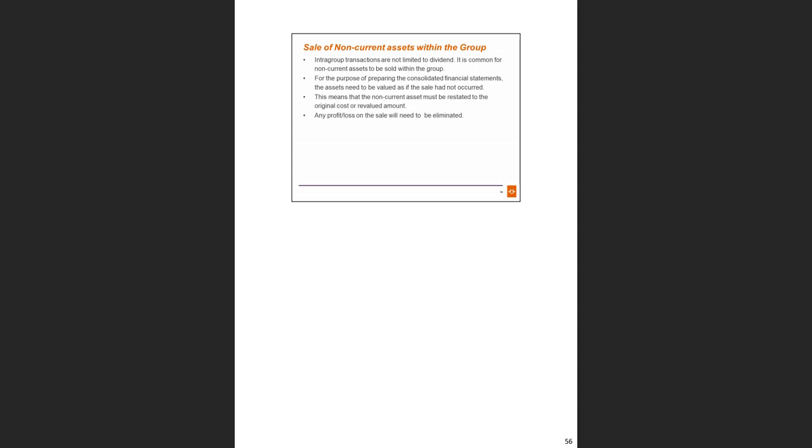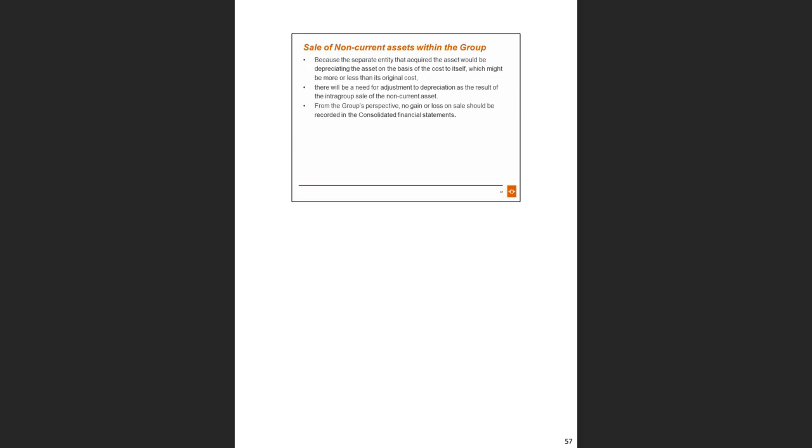Okay, so we're going to look at the situation where we have a sale of a non-current asset within the group. Because the separate entity that acquired the asset will be depreciating the asset, this will be less than the original cost.